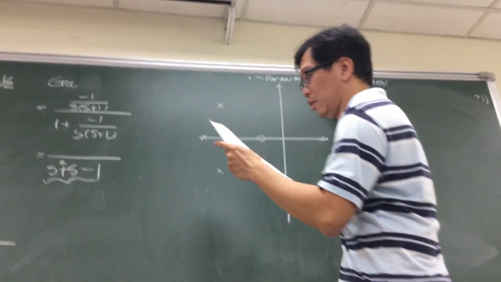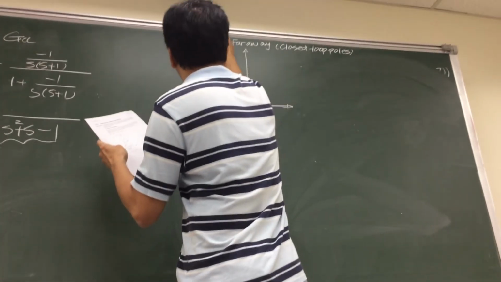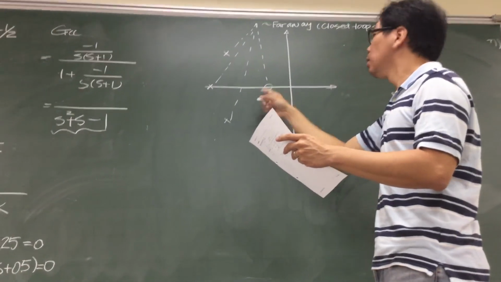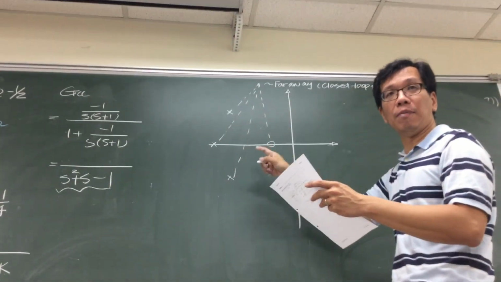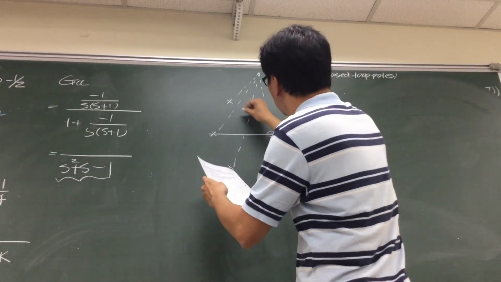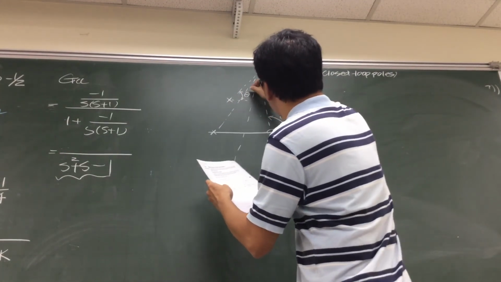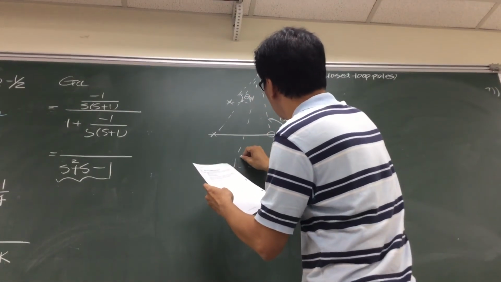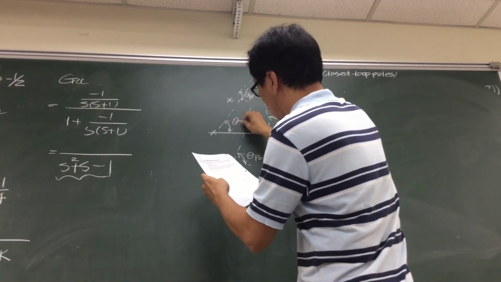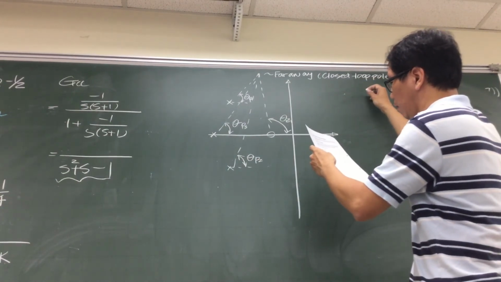So if you connect this one with all the poles over here, it can be the closed loop poles, and you start to calculate the angles.